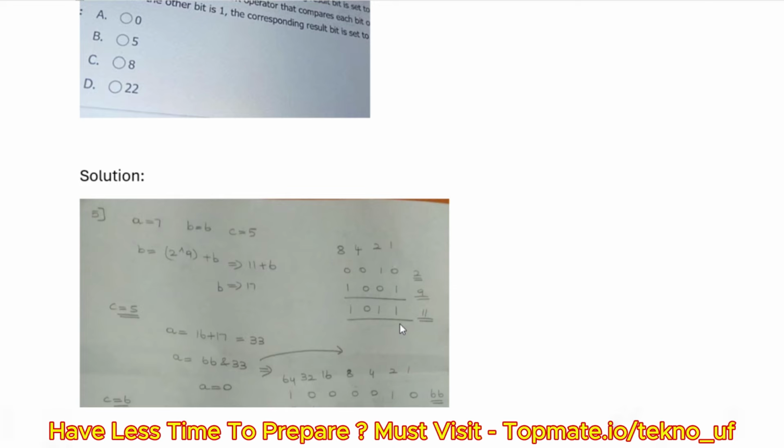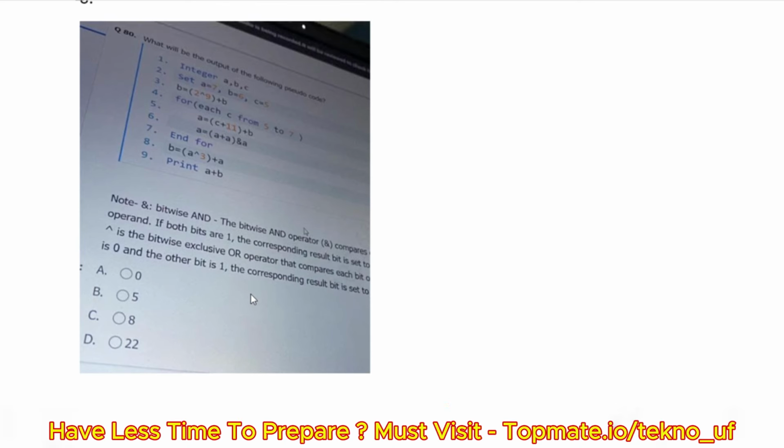The value of this will be 8 plus 2 plus 1. It will become 11. So the value of this part will be 11. So 11 plus B. The value of B is 6. So 11 plus 6 means 17. So B equals 17.